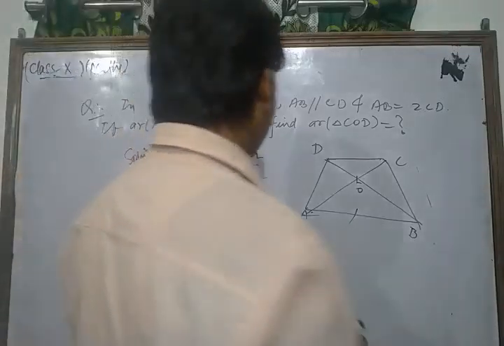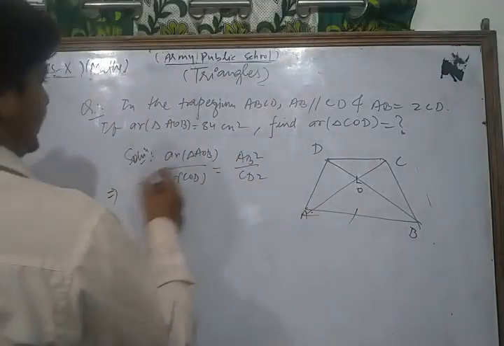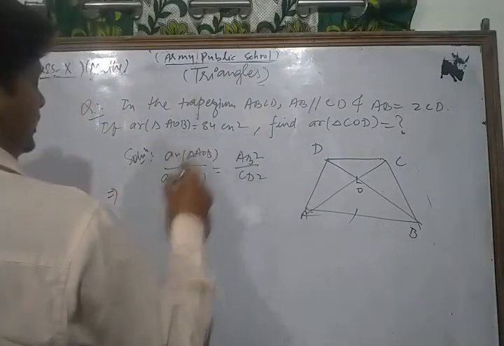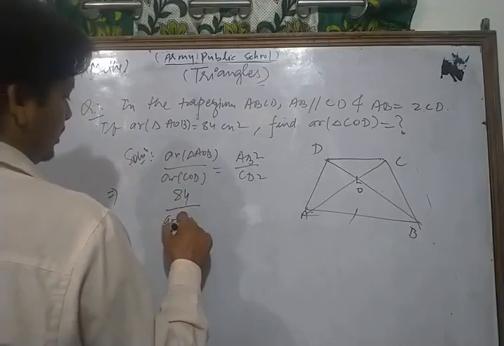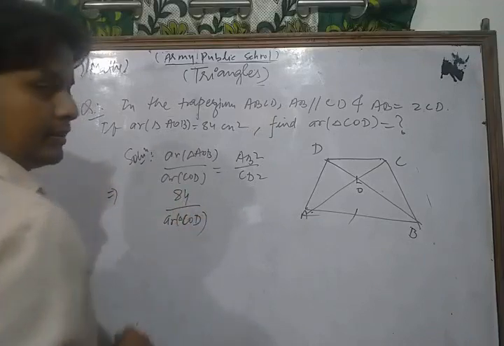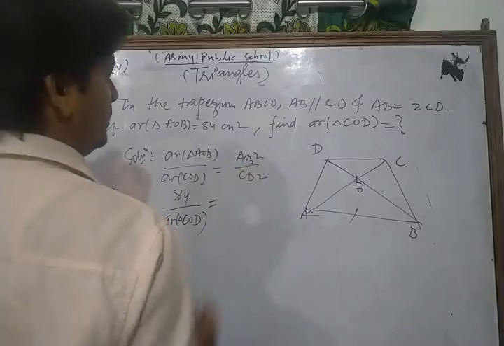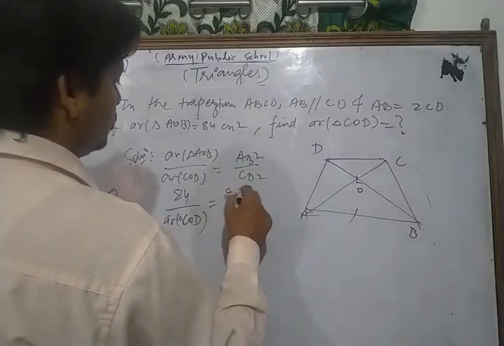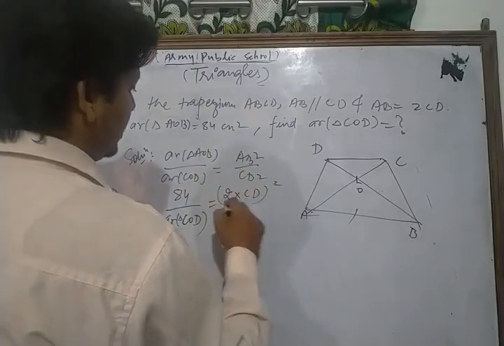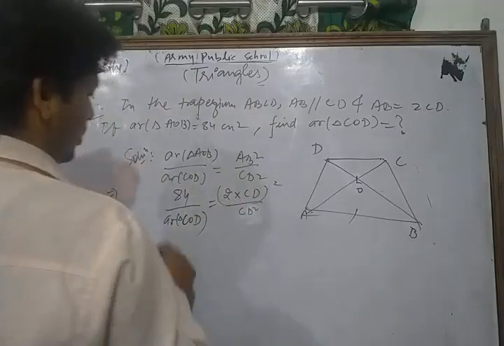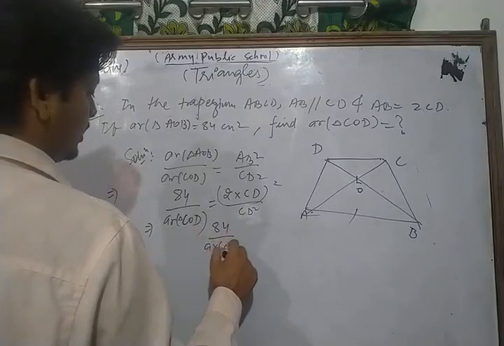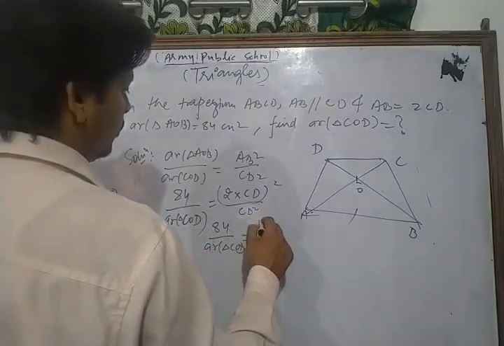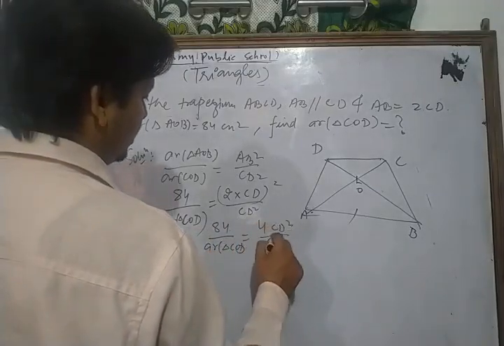Now we put the area of triangle AOB, which is 84. We find the area of triangle COD, and AB is 2 into CD, so 84 upon area of triangle COD is equal to (2 CD) square upon CD square, which is 4 CD square upon CD square.